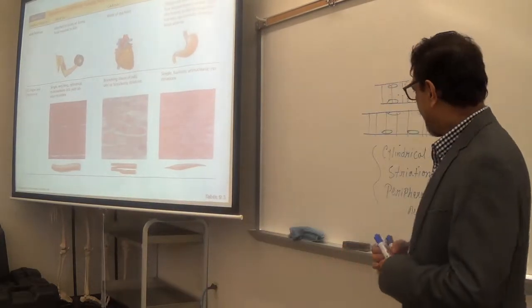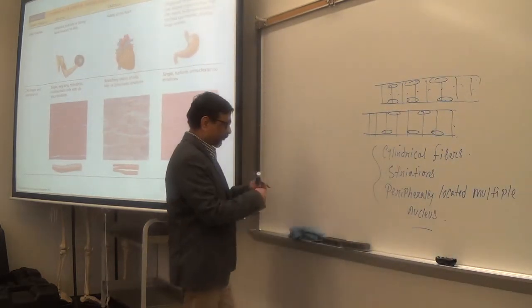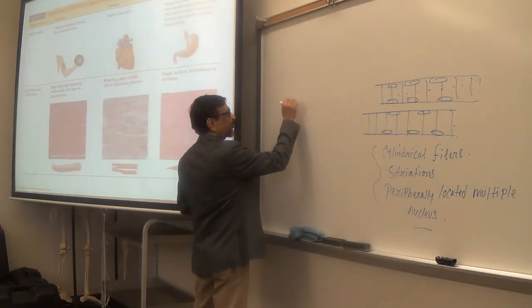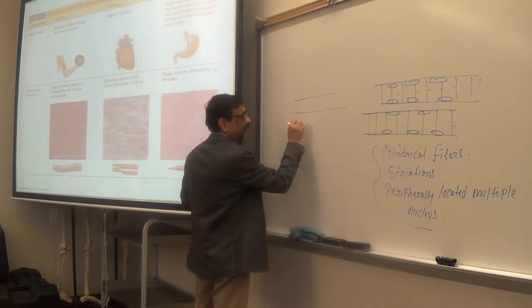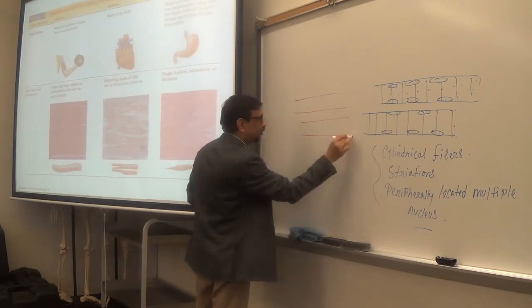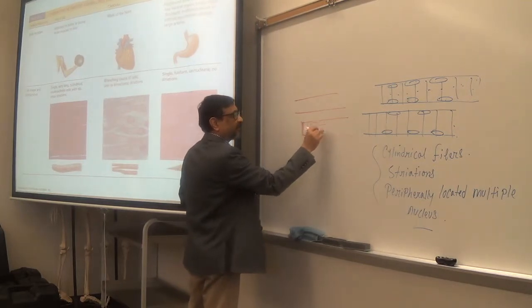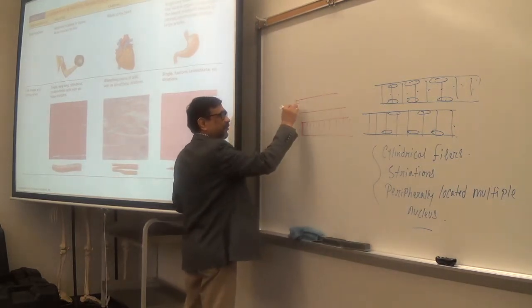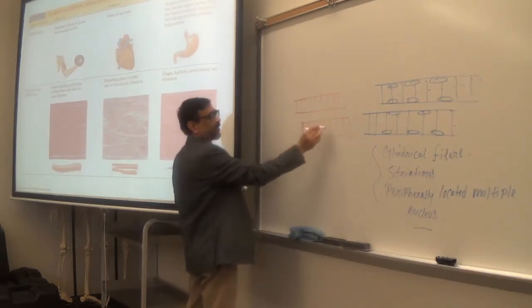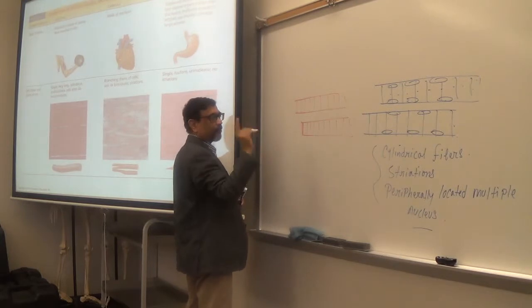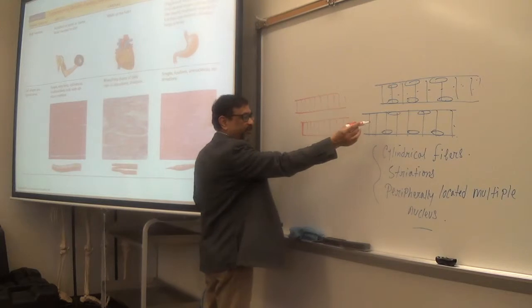Now, if you see the cardiac muscle, the fibers are also cylindrical, like skeletal. Striations are present inside. So those two things are the same as skeletal. But a couple of other things are present in cardiac muscle which are absent in skeletal.